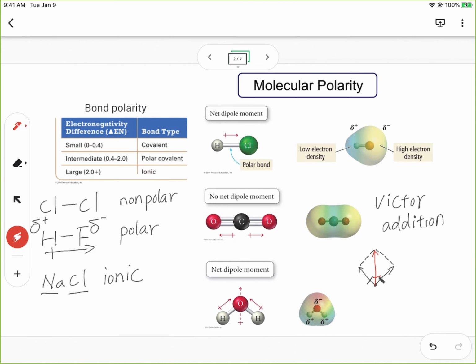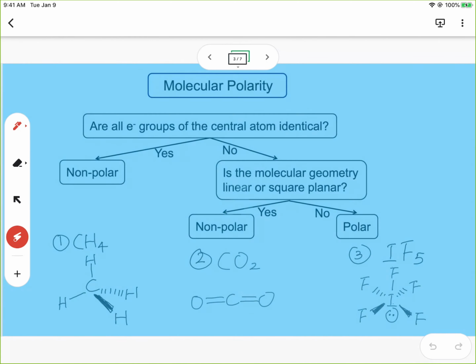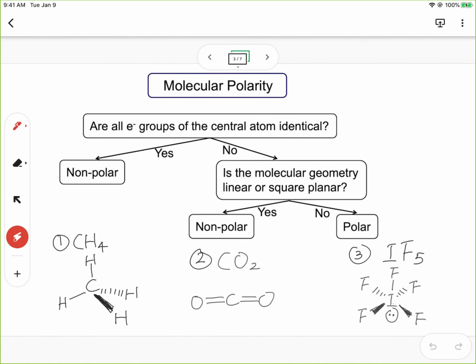But we do have a flow chart for you to follow in Chem 1 or Chem 2. I believe this flow chart will help you figure out molecular polarity easier and faster. The flow chart is not perfect, but it's good enough for most of the molecules in college chemistry. Here is the flow chart.